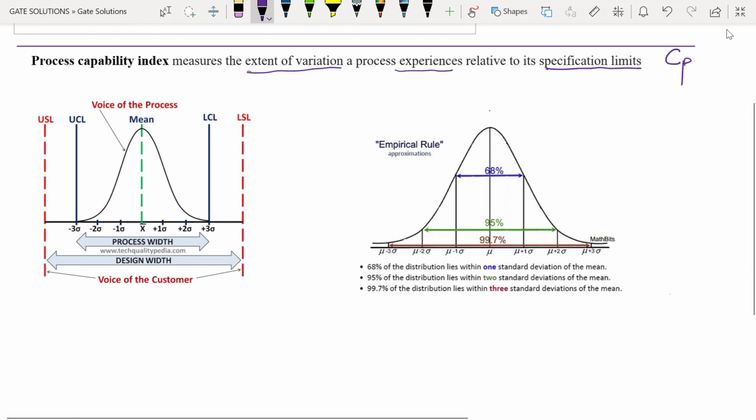Now, we assume here that the process output follows the normal distribution. The graph shown here is a normal distribution curve.